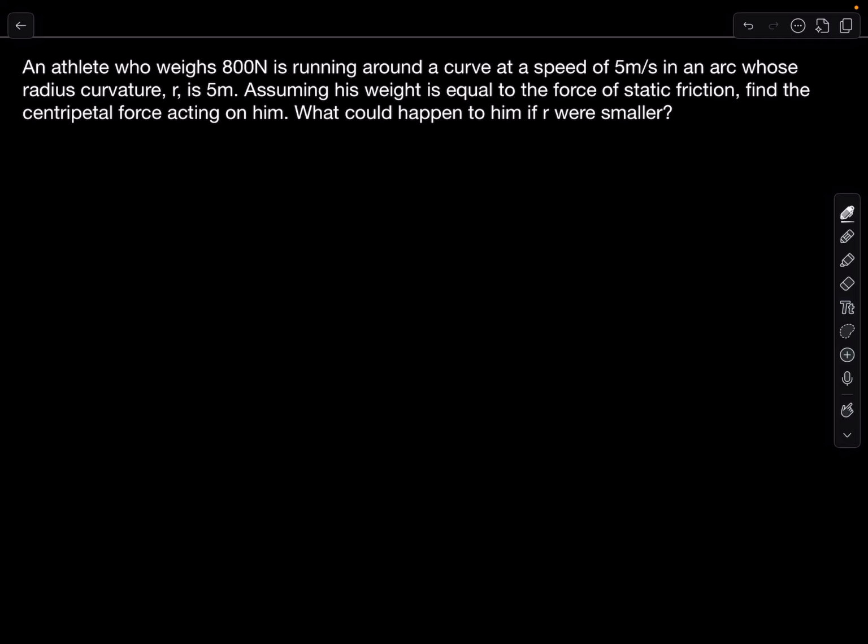So an athlete who weighs 800 newtons, that's a pretty weird unit to use for weights. Usually we use kilograms. He is running around a curve at a speed of 5 meters per second. Let's draw an athlete again. We have an athlete equal to 800 newtons. He's running around a curve at a speed of 5 meters per second.